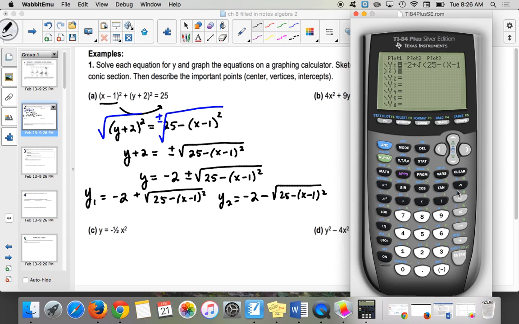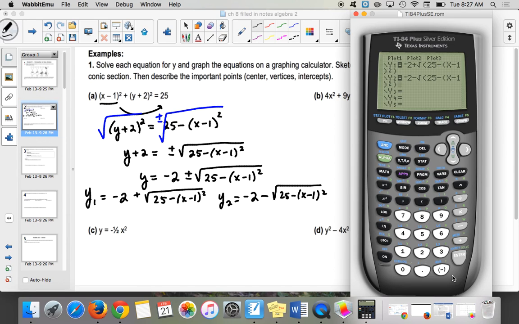All right, so the next one. So I'm going to do negative 2 minus second square root, and I'm going to do 25 minus parenthesis x minus 1 parenthesis squared, and you can end that last parenthesis if you want to. Do you guys understand what I mean by end the parenthesis?